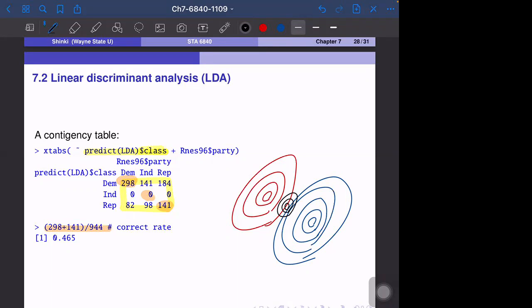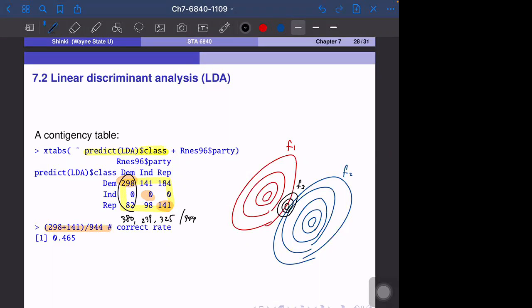And actually, after estimating these density functions, LDA also considers how many observations are in each group originally. Originally, we have 380 observations for Democrat, 325 for Republican, and 239 for Independent, so overall 944.